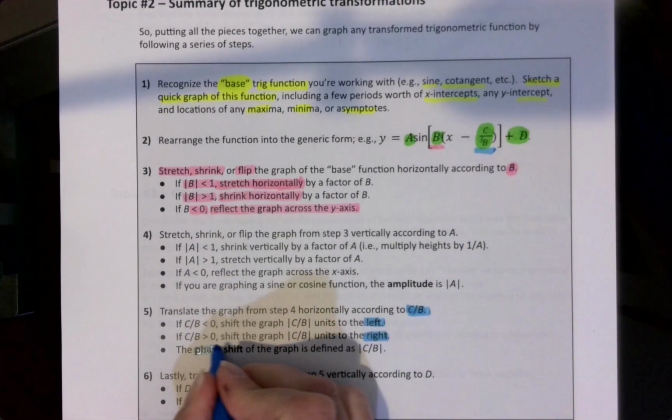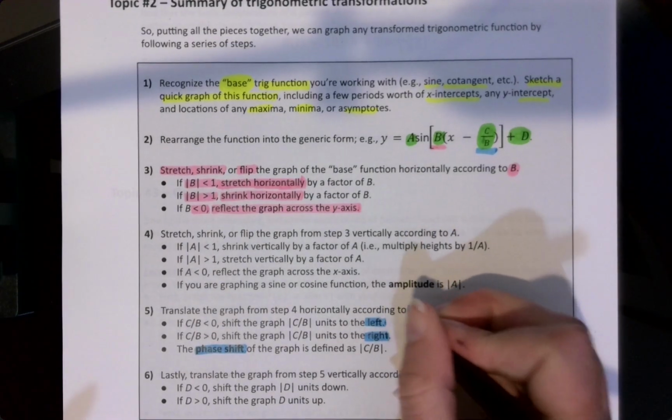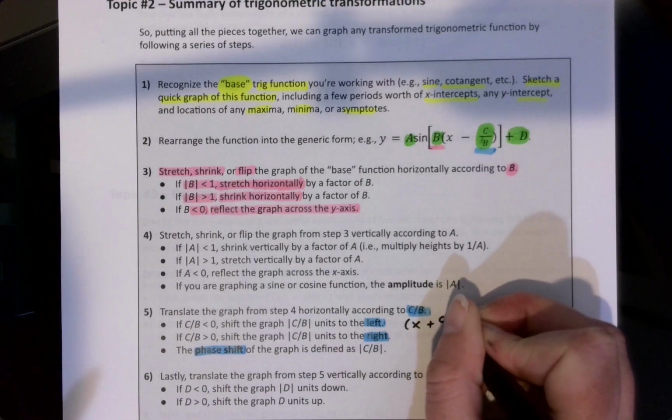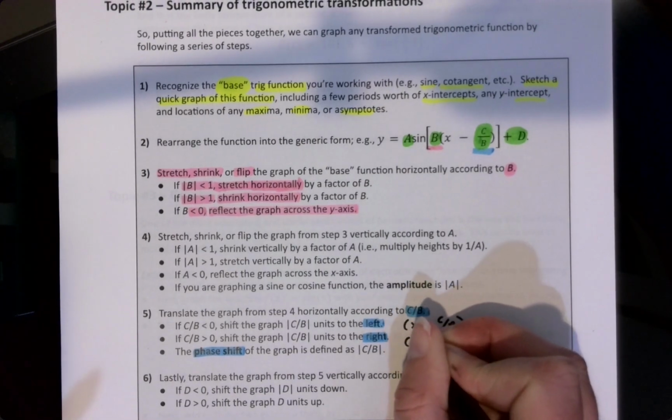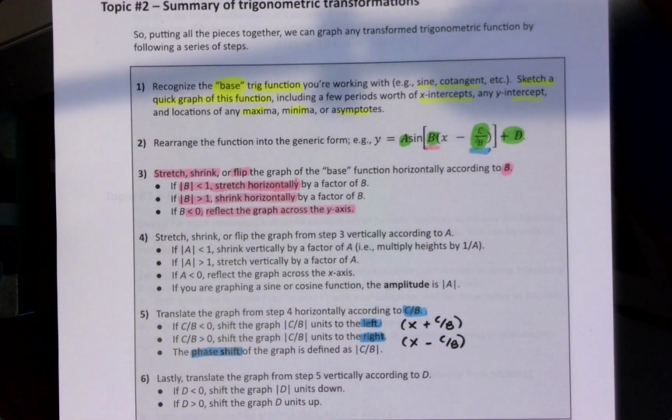That value is defined as the phase shift. So we know we're going to the left if we've got ourselves an x plus c over b, and we're going to the right if we've got ourselves an x minus c over b inside those parentheses. So I would do my phase shift next.